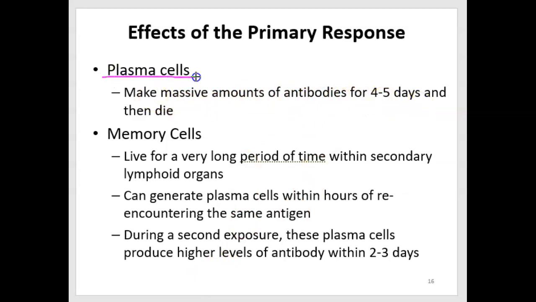And those are made by plasma cells that have a short life, but they sure make a lot of antibodies. They have an extensive endoplasmic reticulum that just makes them pump out protein like crazy, and of course ribosomes too. But then they die.